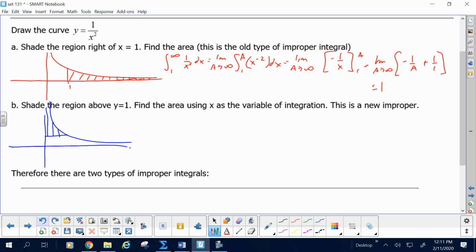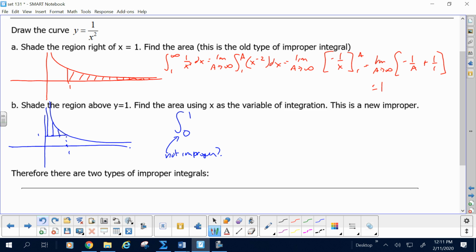So what are the bounds of the integral? 0 to 1. Yes, when y equals 1, x would equal 1. Cool. Now that doesn't feel improper. Is this not improper?